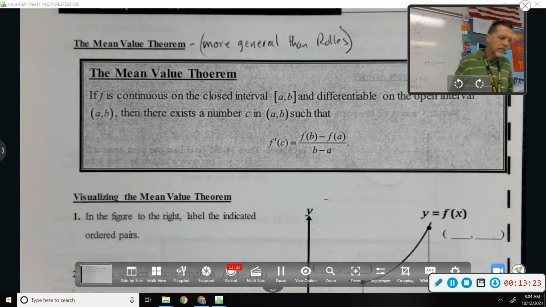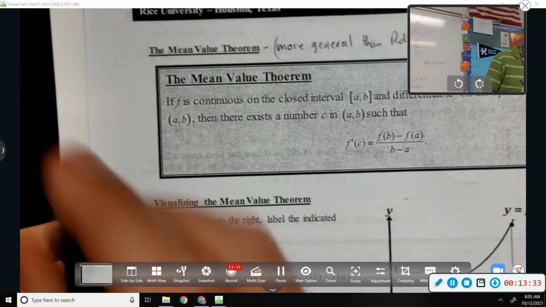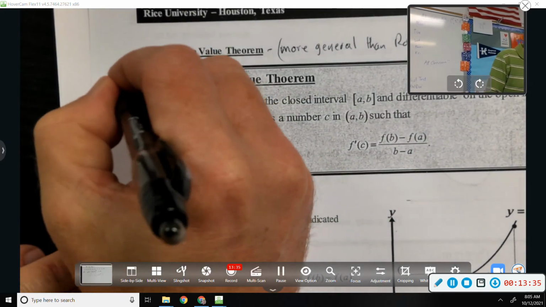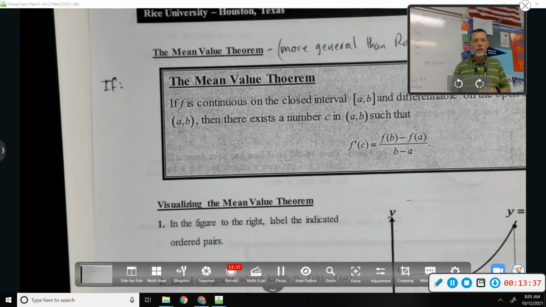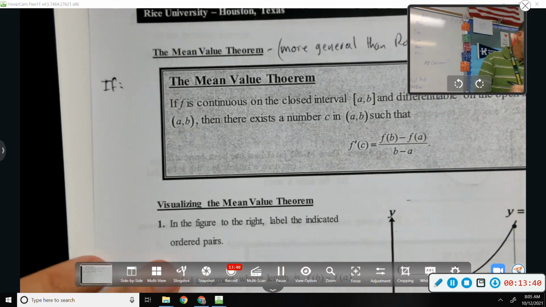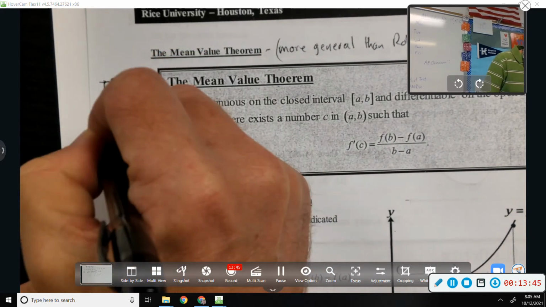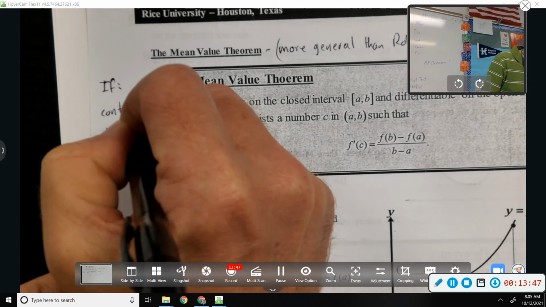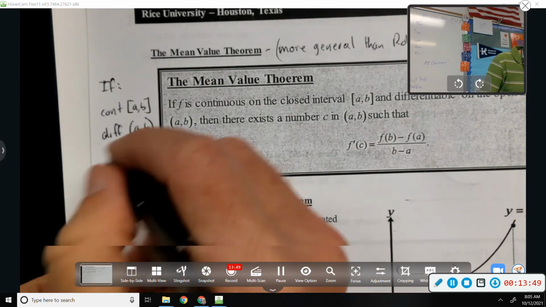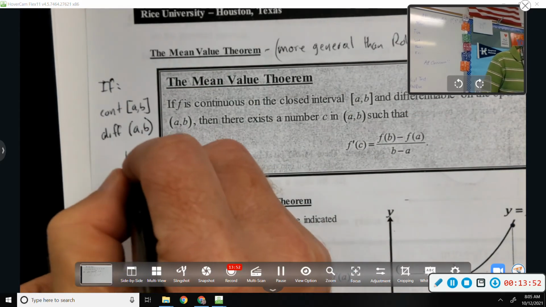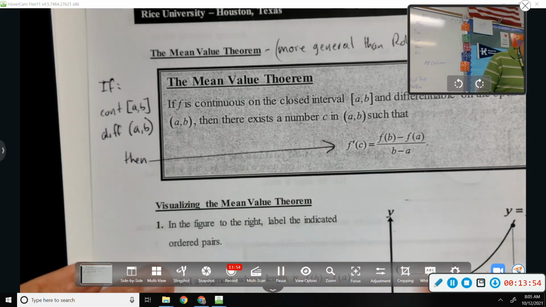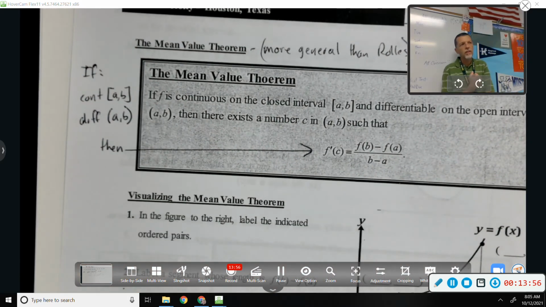If f is continuous on the closed interval, differentiable on the open interval, then, so let's actually back up a little bit and let's do the super condensed version out to the side here. If continuous on the closed, differentiable on the open, then is that equation right there.